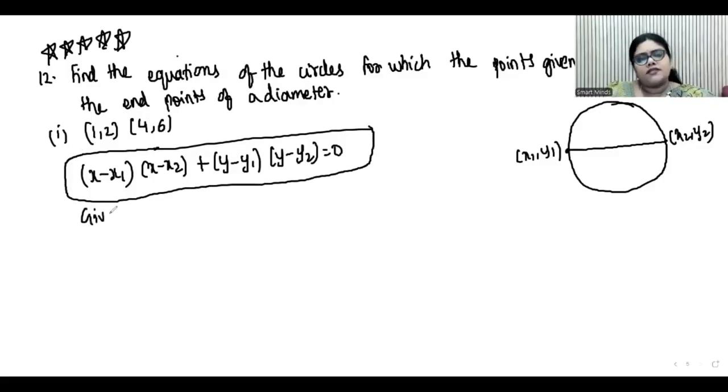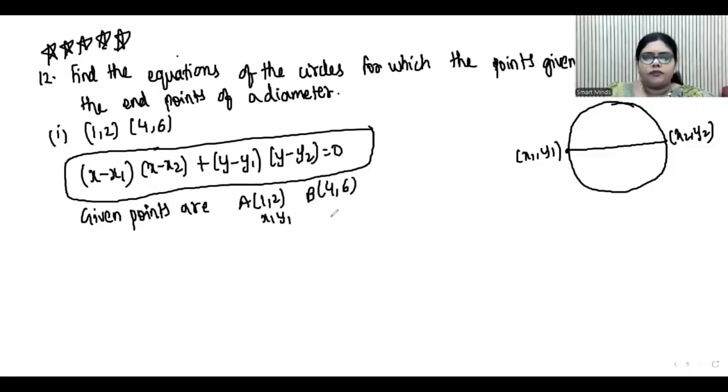So first let us write what are the given points. Given points are A(1, 2), B(4, 6). Let us take A point as x1, y1, B point as x2, y2. Now x minus 1 into x minus 4 plus y minus 2 into y minus 6 is equal to 0.